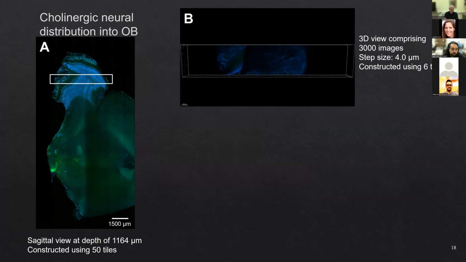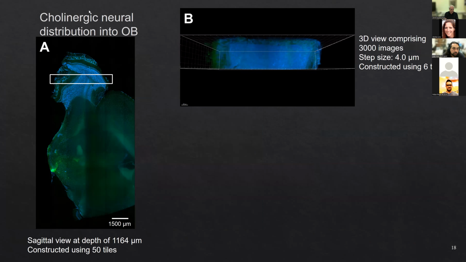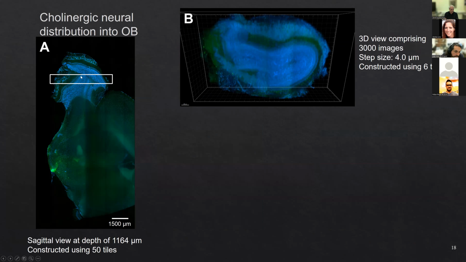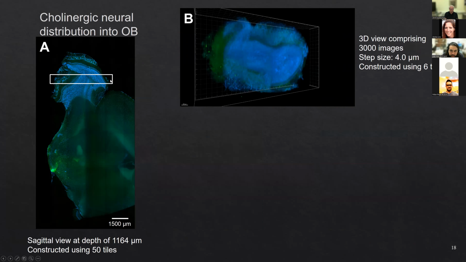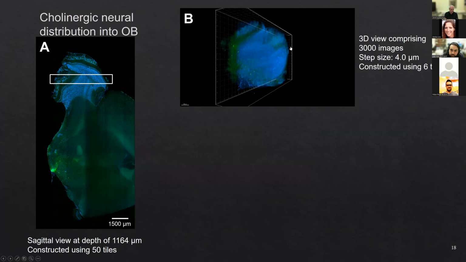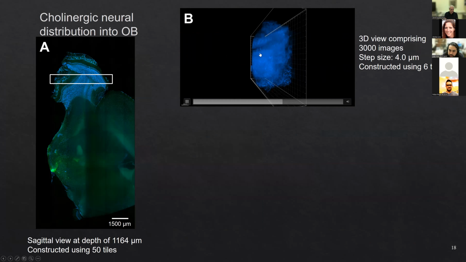So what we are doing is, I have this, okay, now. So we have this complete volume, right? But now we will focus only in the olfactory bulb with a higher magnification objective, and we will get a volume like the one that I'm showing you in the video.